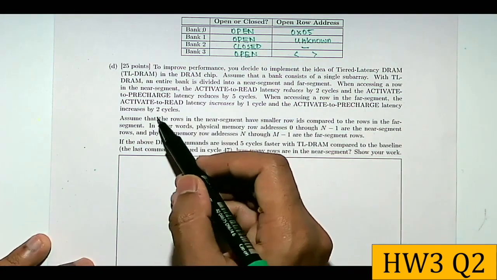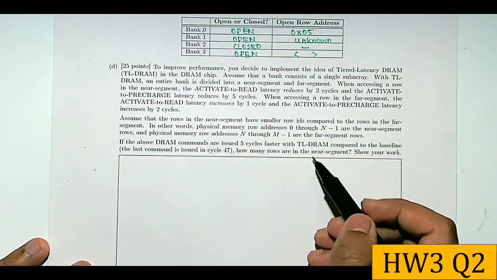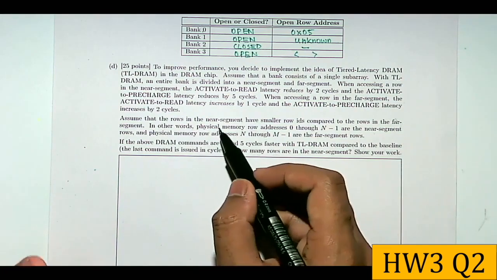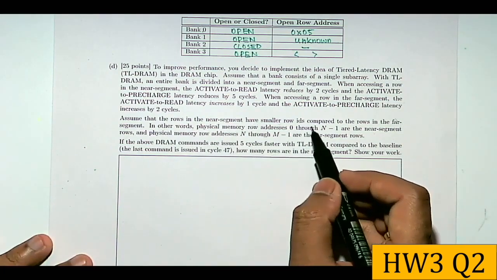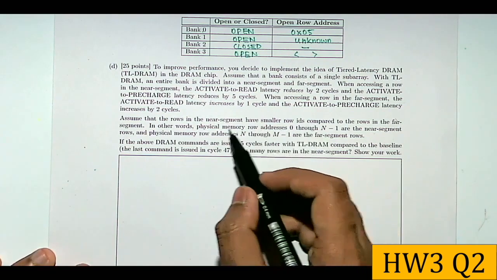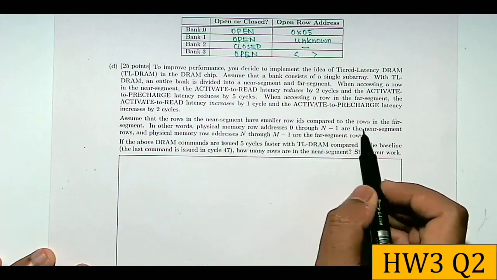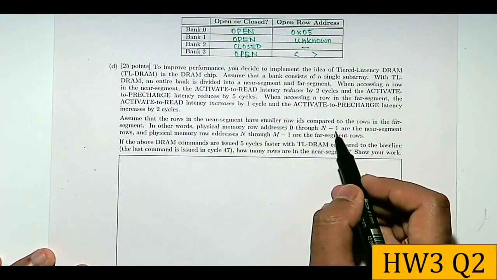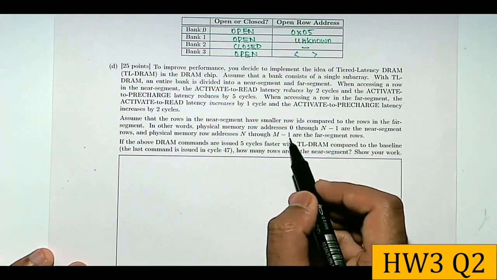Fine. Now, this also says that, let's just consider the near segment to have the smaller row IDs. The first row IDs basically belong to the near segment, and the fast segment will have the higher row IDs. So basically 0 to n-1 belongs to the near segment row IDs, and n to m-1 is the fast segment rows.